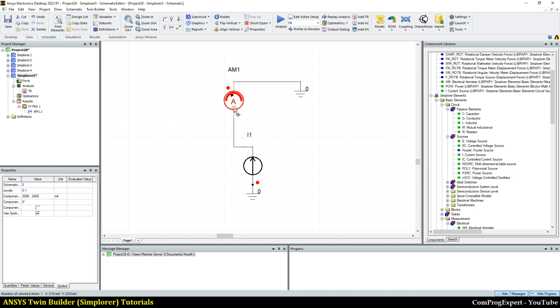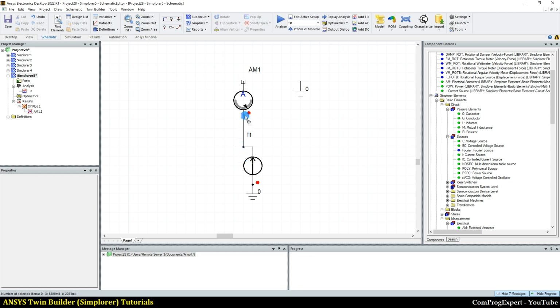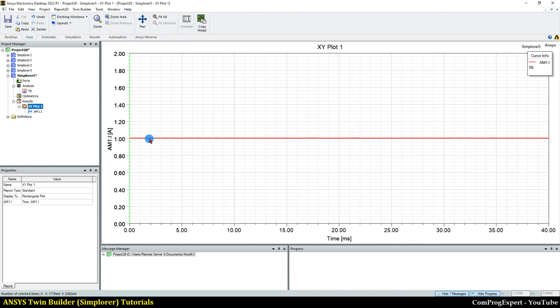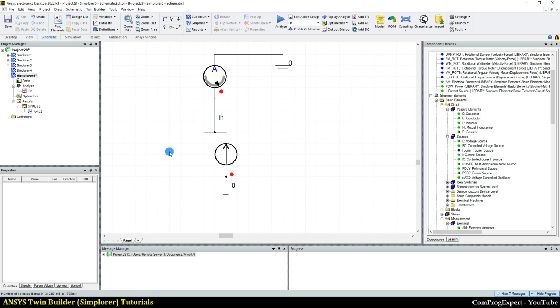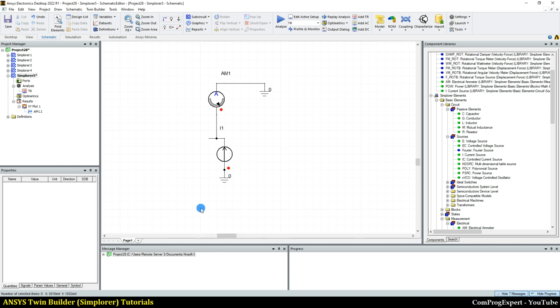And now, if I reverse the direction of this ampere meter reference direction that we have, so that the current enters from the dot point, and rerun the simulation, here the value of current is 1 amp. So we should care about this dot point when we are going to use these elements to solve this equation.